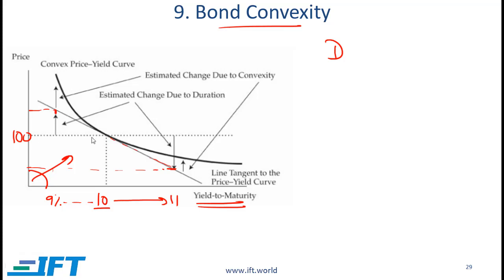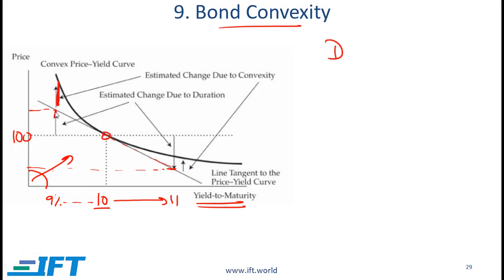Clearly, when we want to estimate the change in bond price to a change in YTM, there is a component related to duration, and then there is also a component related to convexity. And if we think about it, let's go from 10% to 9%.